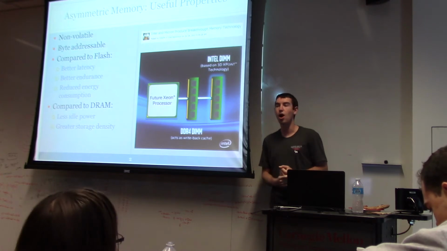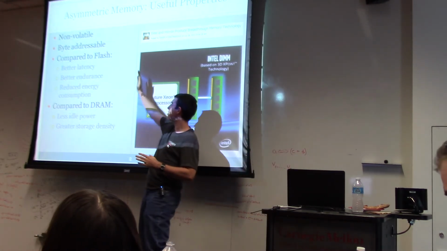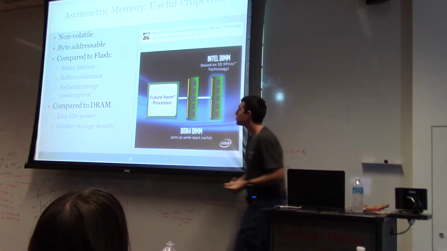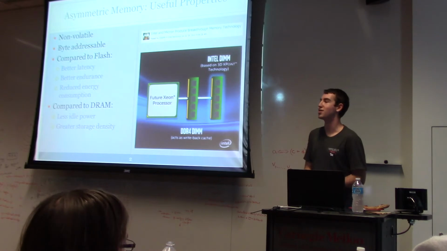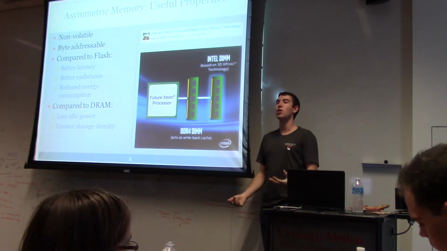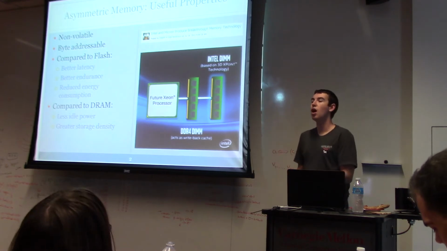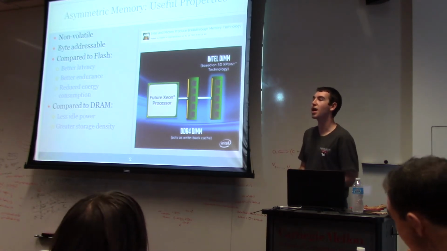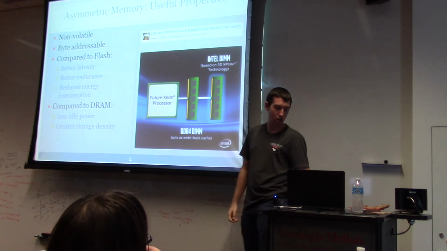It's got much better performance properties than Flash. And compared to DRAM, it's got less idle power and great storage density. A lot of systems architects are working on putting this into their architectural designs, and it's already available for disk replacement style storage.